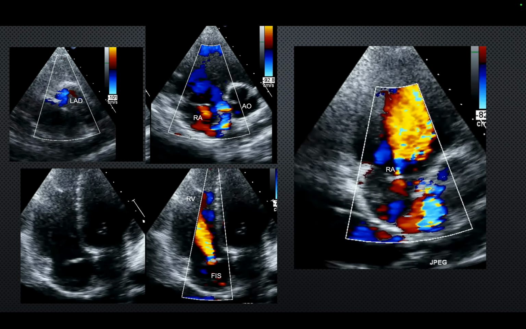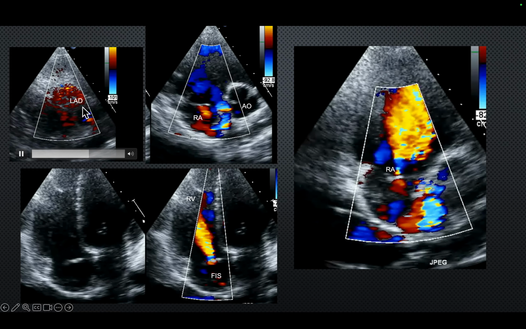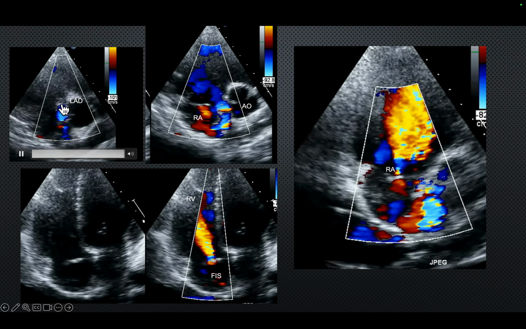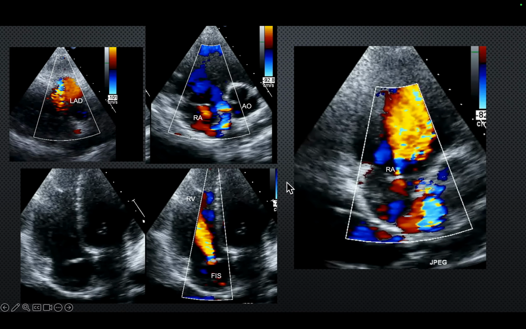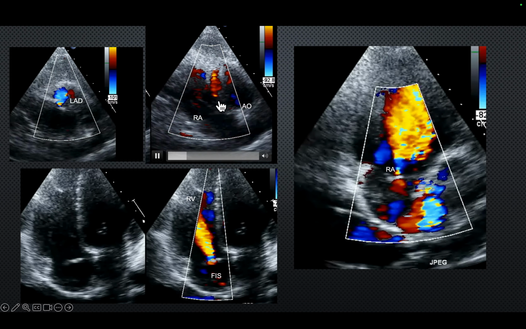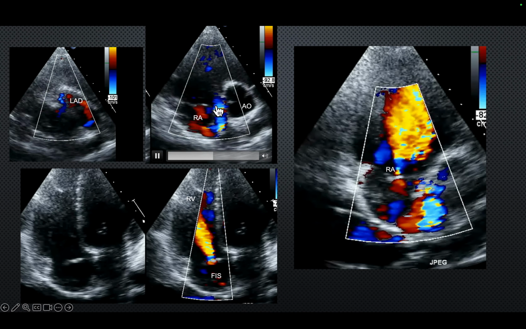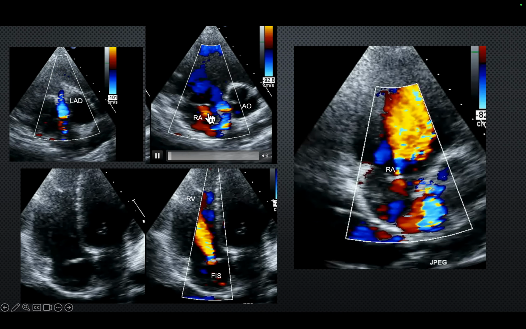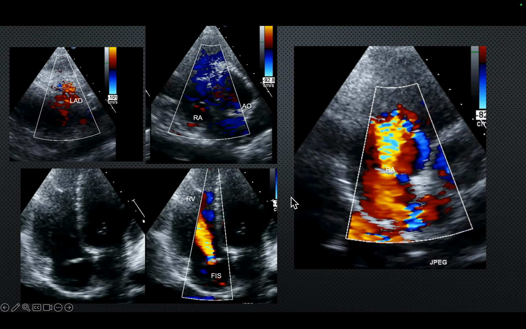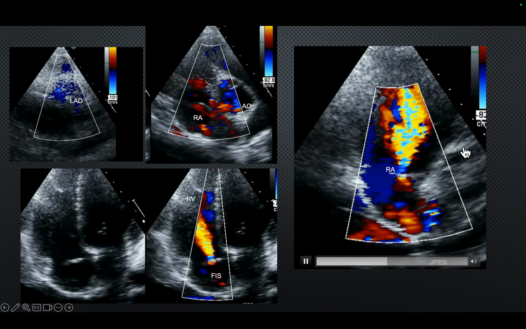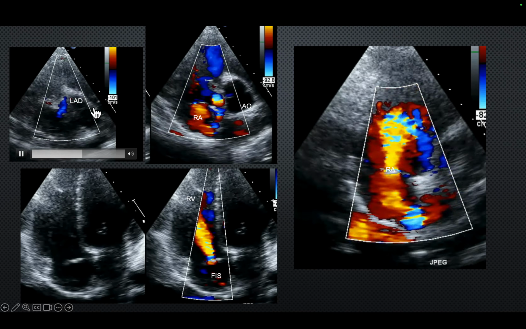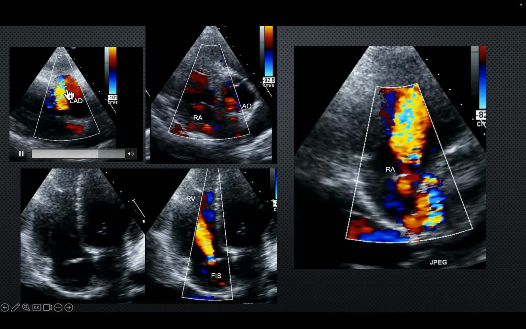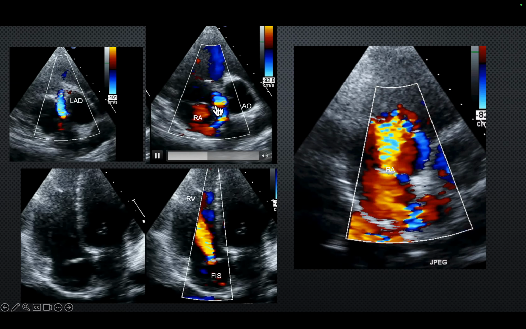Now see this video, in sequence, the first is an LAD which dips down posteriorly, and then this dips down to enter into a chamber in the posterior aspect of the right atrium, and this chamber, if you see, this is the flow. The first starting is LAD going posteriorly, follow this LAD.